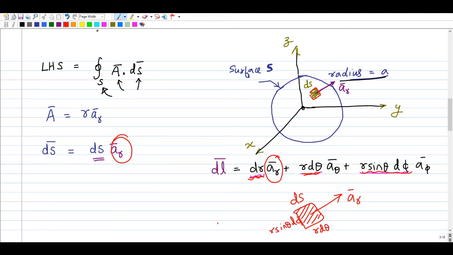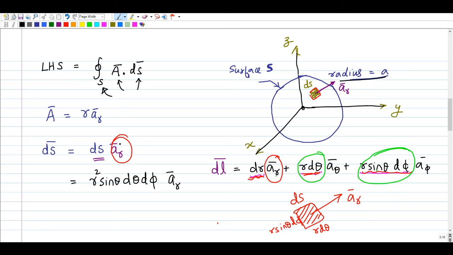You have to just multiply the other two coefficients in order to get the magnitude of the differential area. a_R is the direction of the differential area. Just multiply the other two coefficients in order to get the magnitude. That is r square sin theta d theta d phi is the magnitude, and direction we already know, it is a_R.